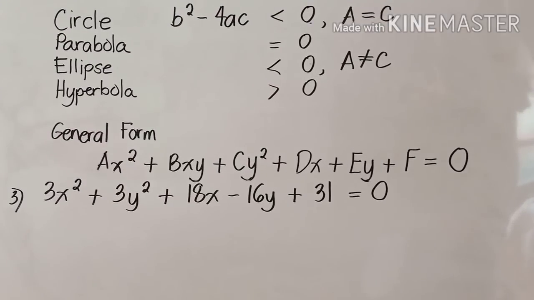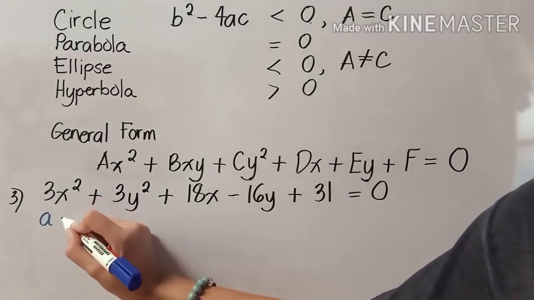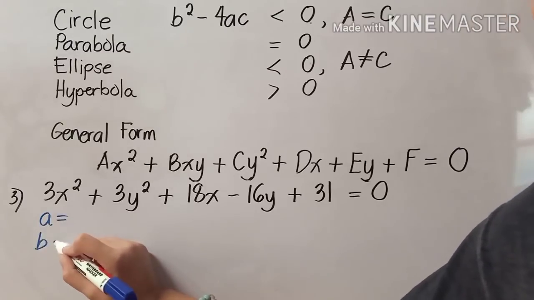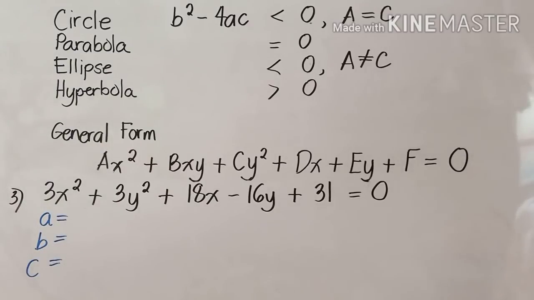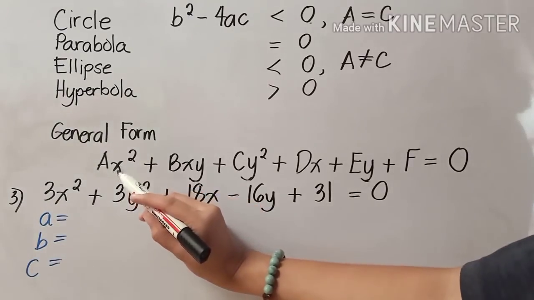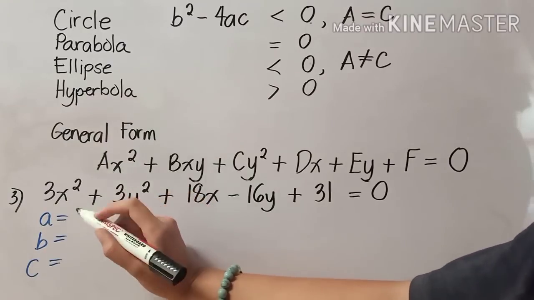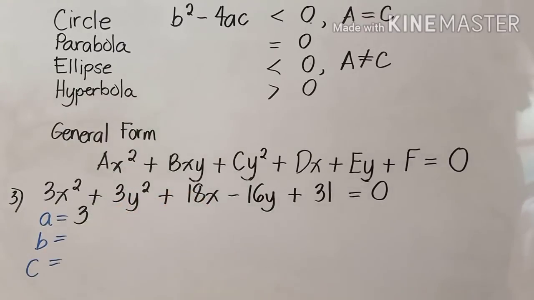Number 3 is 3x squared plus 3y squared plus 18x minus 16y plus 31 is equal to 0. Again, we will get the values of a, b, and c. The same method applies. Beside x squared is a, which in the given is 3.